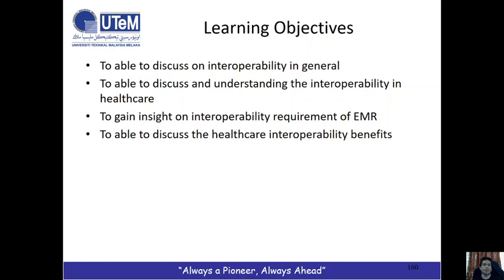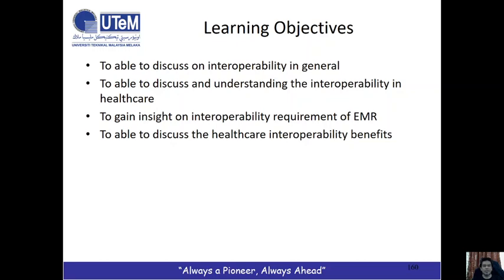And then we also expect that after this chapter is explained, you are able to discuss and understand the interoperability in healthcare. So why the interoperability is required, crucial in healthcare information system.